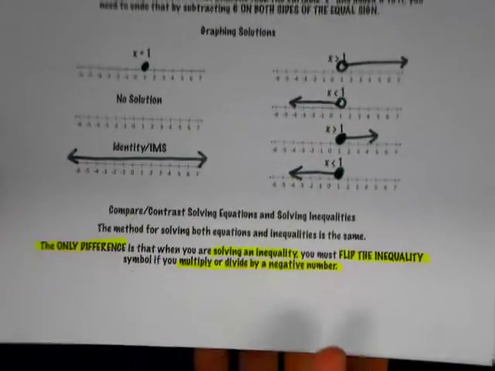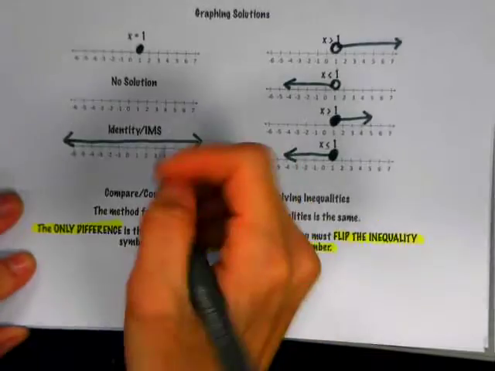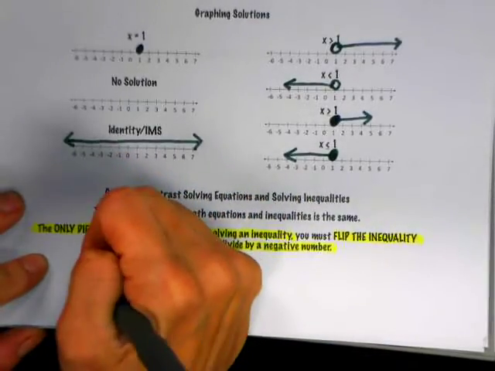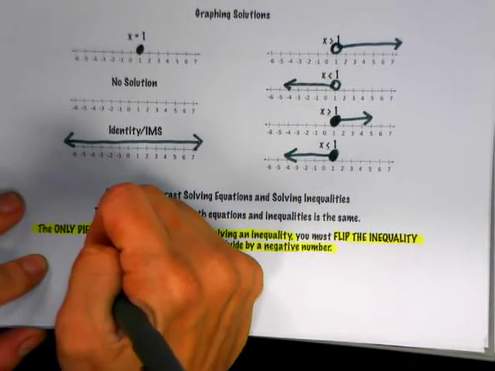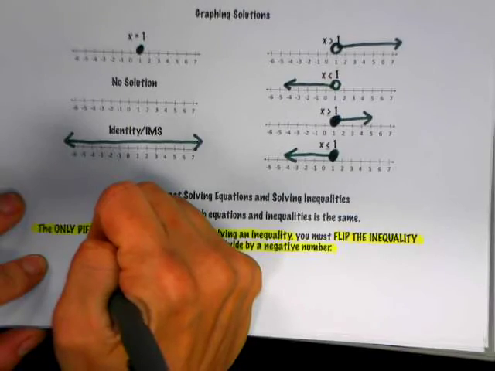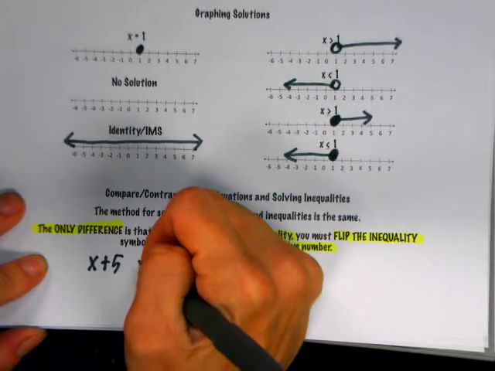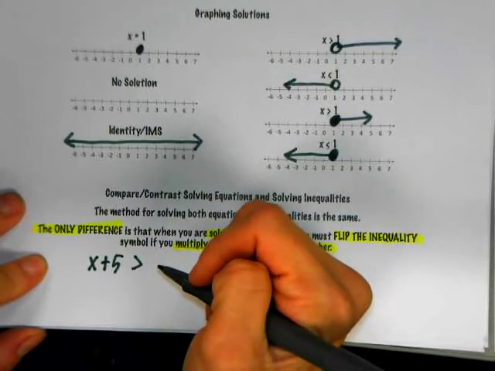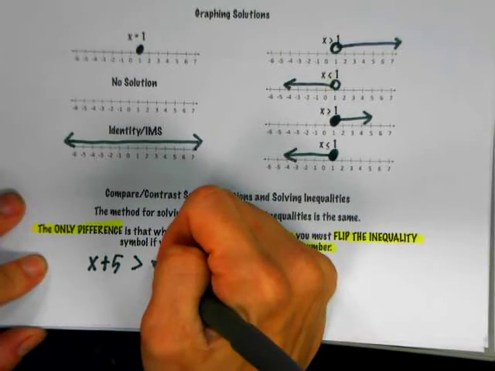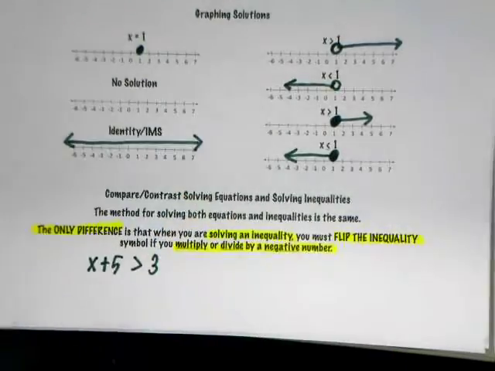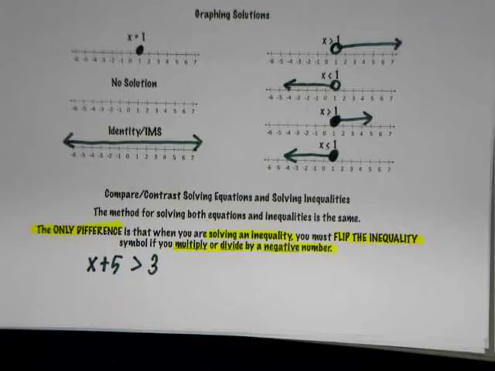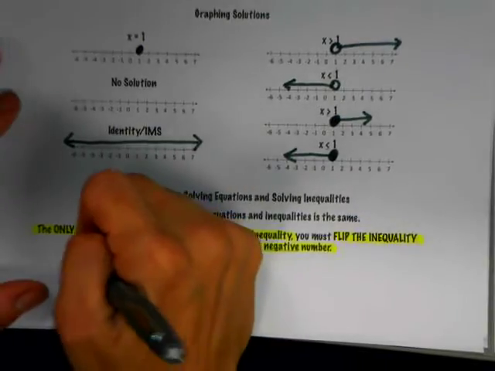So for example, if I have x plus 5 is bigger than 3. Okay, so can someone give me, actually, never mind, can't do it with addition.